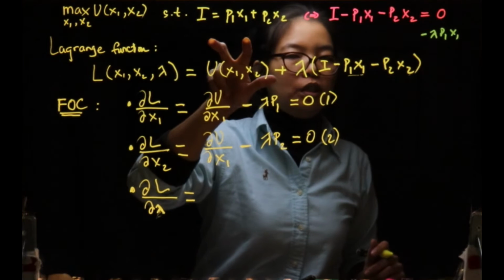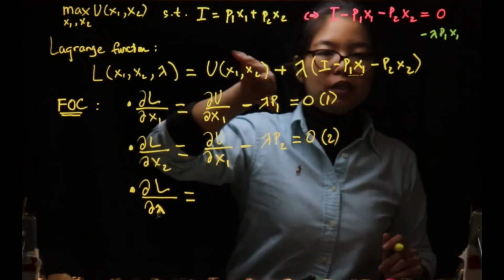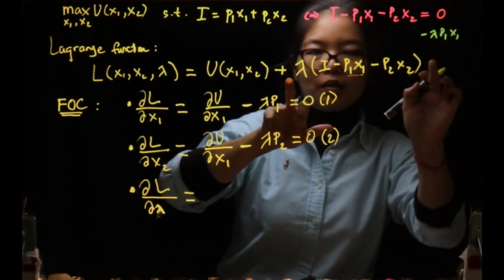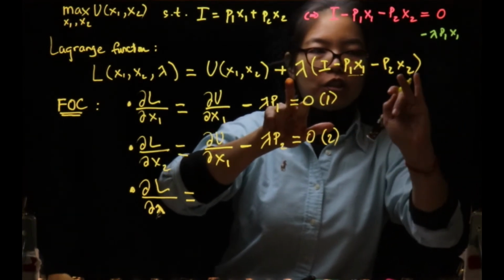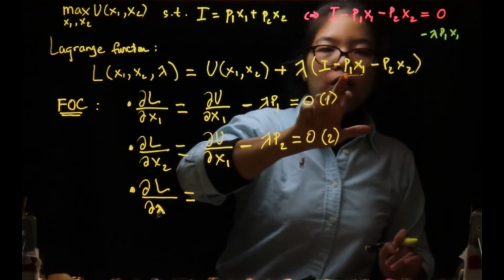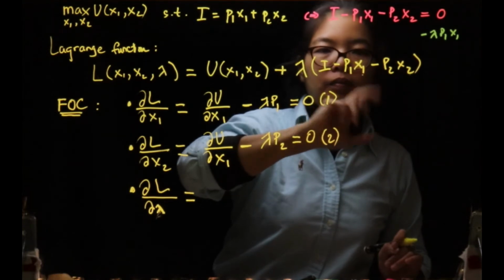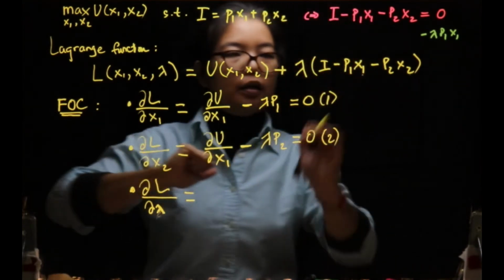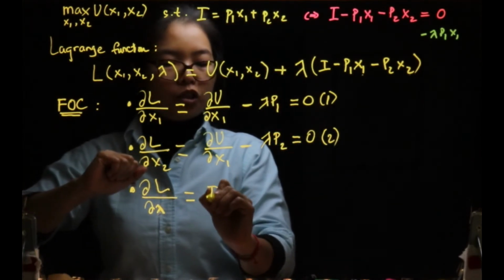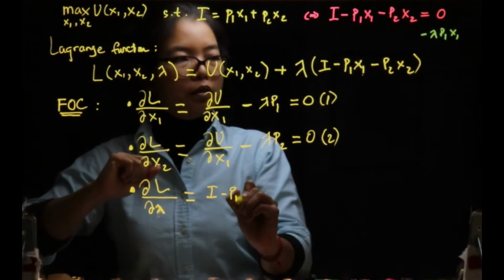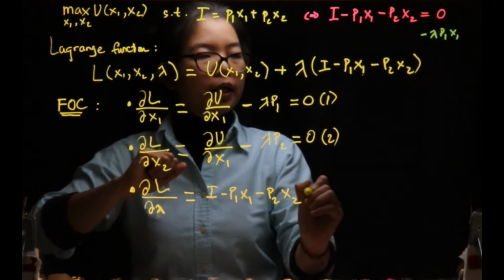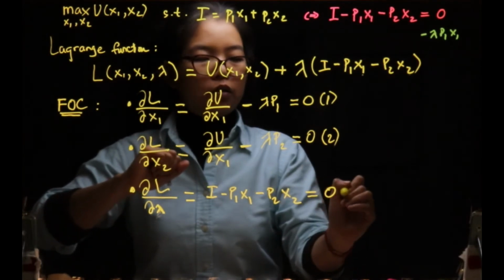There's no lambda in the utility function, so it's gone after taking the derivative. Now, for the second part of the Lagrange function, if you take the derivative with respect to lambda and everything else is constant, then you get the budget constraint again: I minus p1 x1 minus p2 x2 equals 0.